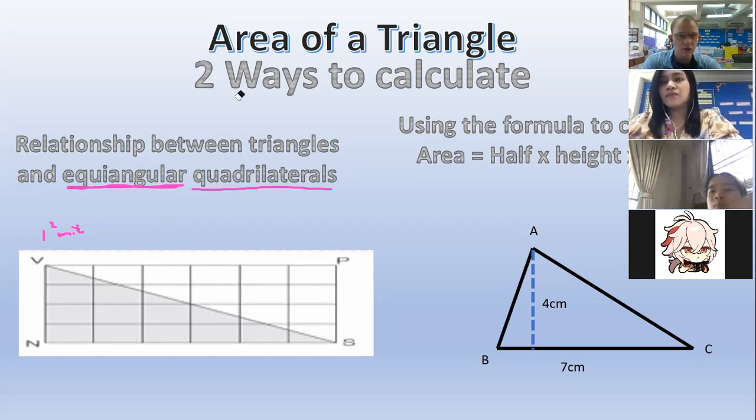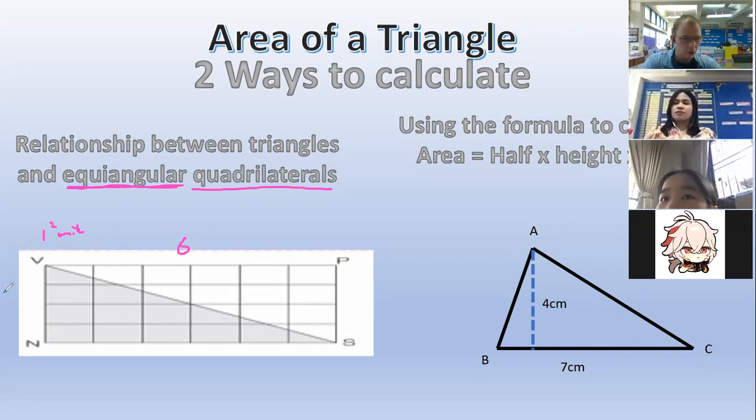Now, an easier way to do this is you count the top row, 1, 2, 3, 4, 5, 6, and you count the bottom row or the one on the side, 1, 2, 3, 4. So you have 6 and 4, and if you multiply them together, we get the total amount of blocks inside. So 6 times 4 equals how much? 6 times 4?